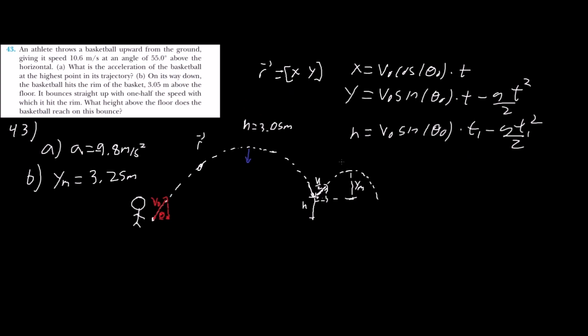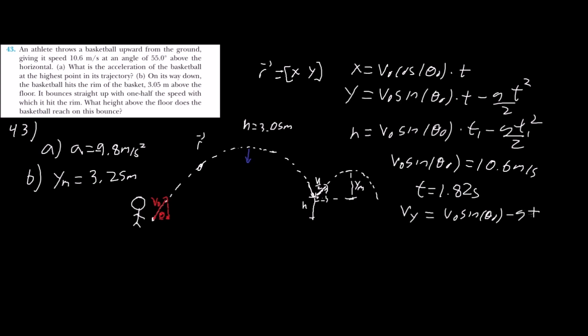Now, here's the thing with this problem, though. If you let v naught sine of theta naught be the actual 10.6 meters per second, so if you call that Vy and you use the quadratic formula, your Vy, which is going to be half that speed, is going to be v naught sine of theta naught minus gt.